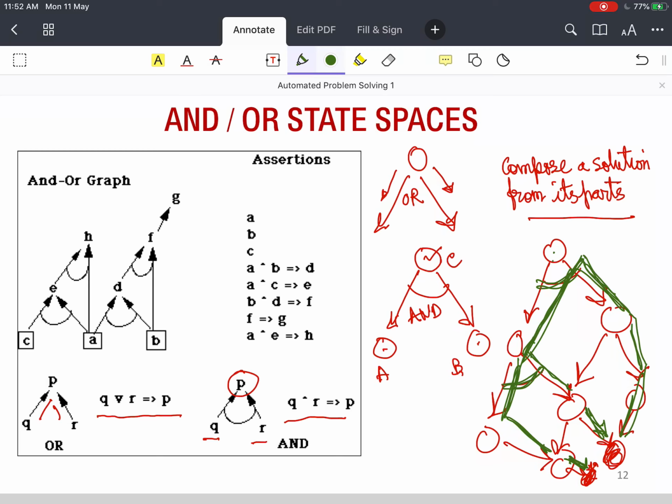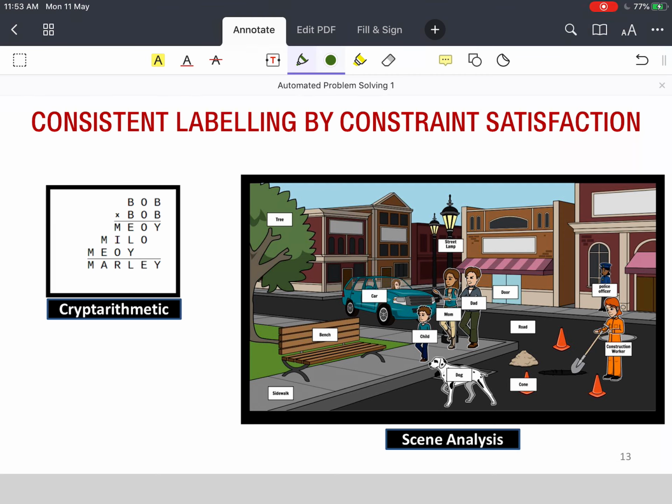Another important area of concern is that at a particular state, you need to satisfy the constraints of that state.